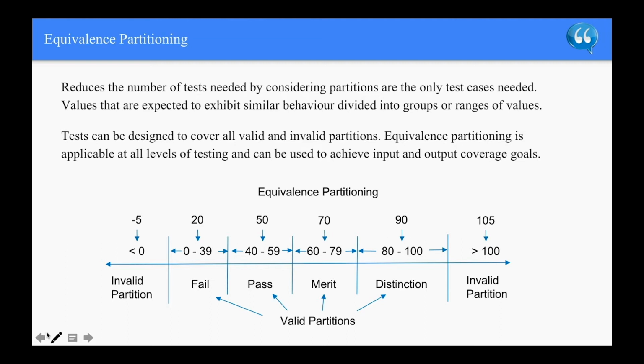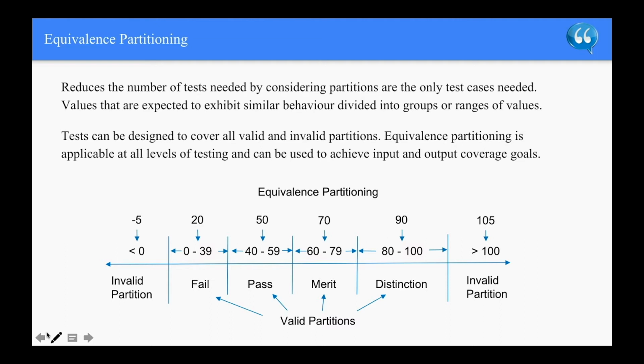Instead of testing every value in the partition, one value can be chosen to represent all and used to test the whole partition. Partitions can be identified for ranges or sets of values, outputs, time-related values, status values, interface parameters, etc. Equivalence partitions can be for valid data, for example values that should be accepted, and invalid data, for example values that should be rejected.